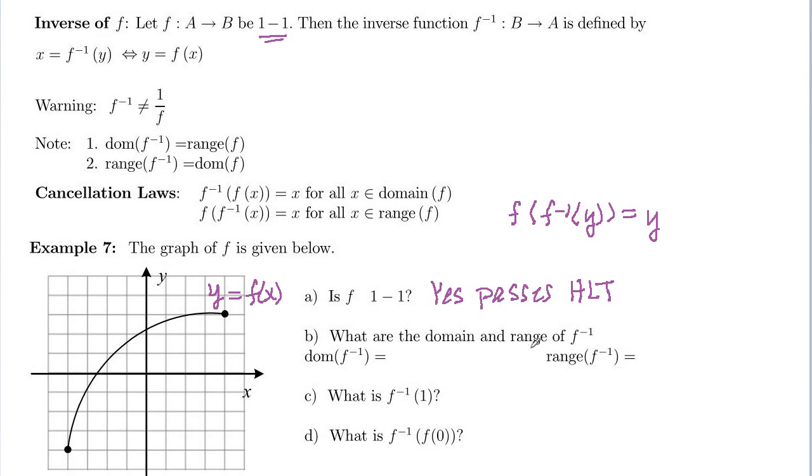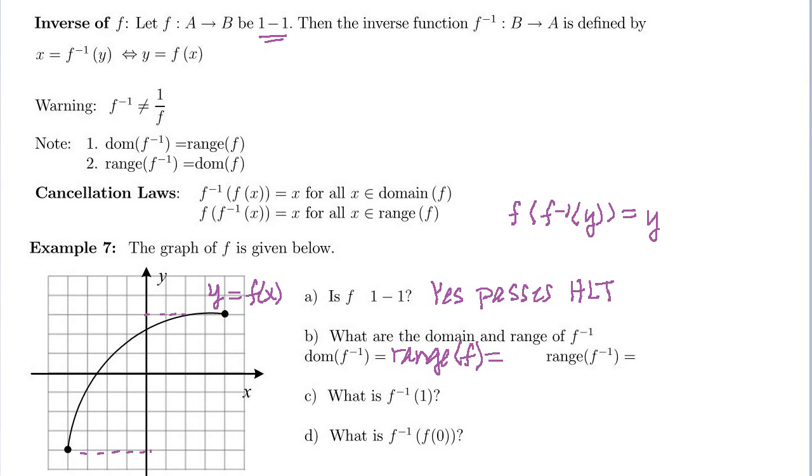What are the domain and range of f inverse? Okay, so the domain of f inverse is going to be the range of the original function f. And so the range, the y values covered by the function f, go from down here at -4 up to +3.